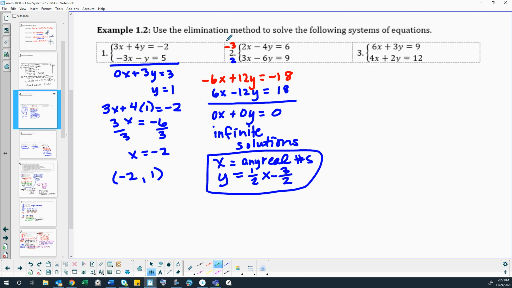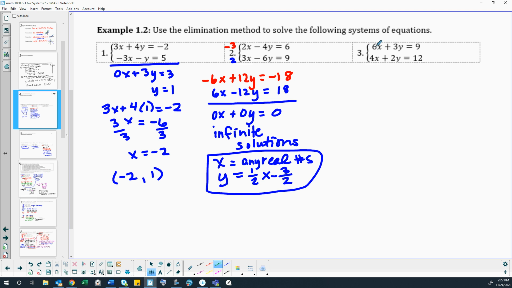Alright, for this one, again, same idea. We want to multiply by something that's going to get stuff to cancel out. We could either turn the 6 and the 4 both into a 12, or we could turn the 3 and the 2 both into a 6. One of them was going to need to multiply by a negative. Let's go ahead and do the x's again. We don't have to. You can eliminate y values. It works just fine. I just happen to keep focusing on the x's.